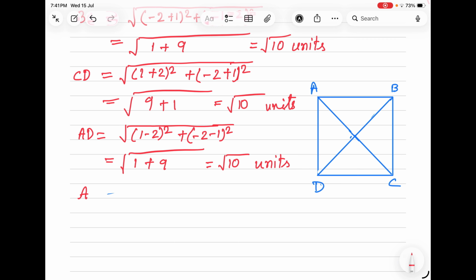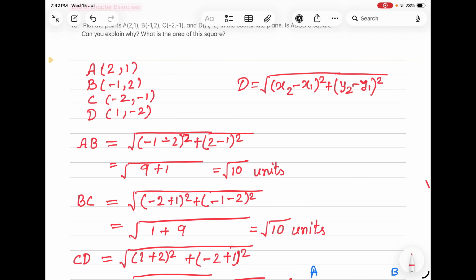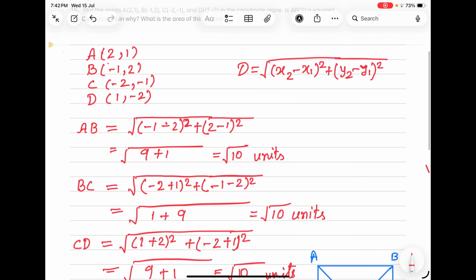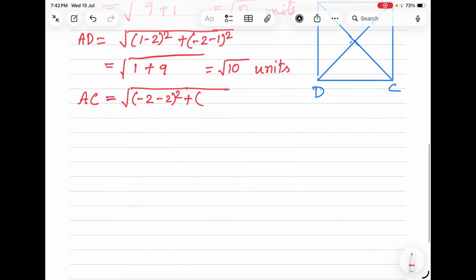We have to find the length of the two diagonals. AC: A and C. X2 is -2, x1 is 2, so (-2 minus 2) whole square plus, y1 is 1 and y2 is -1, (-1 minus 1) whole square.